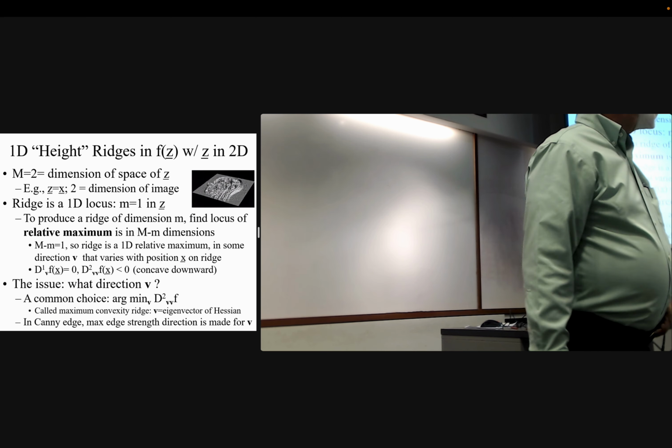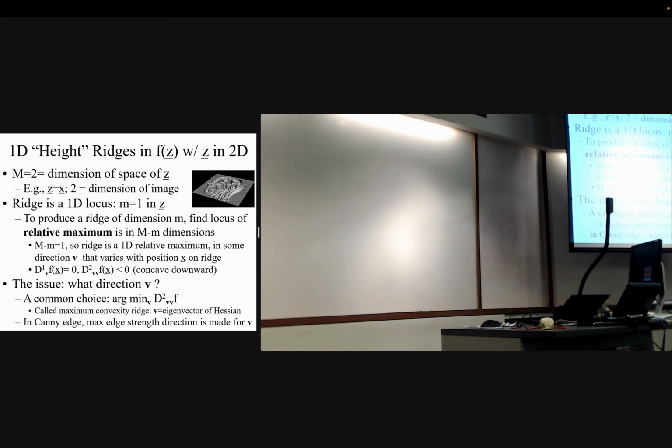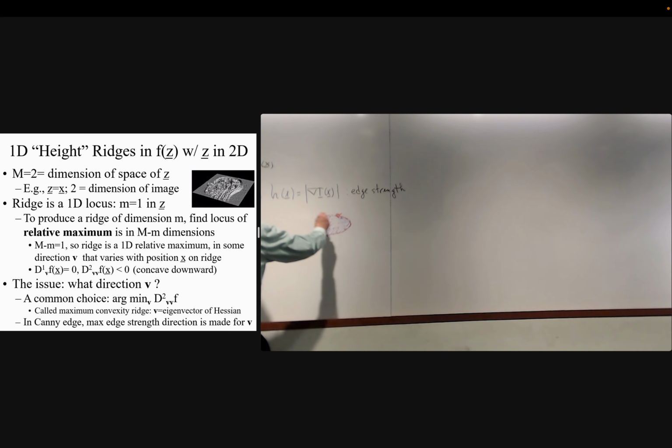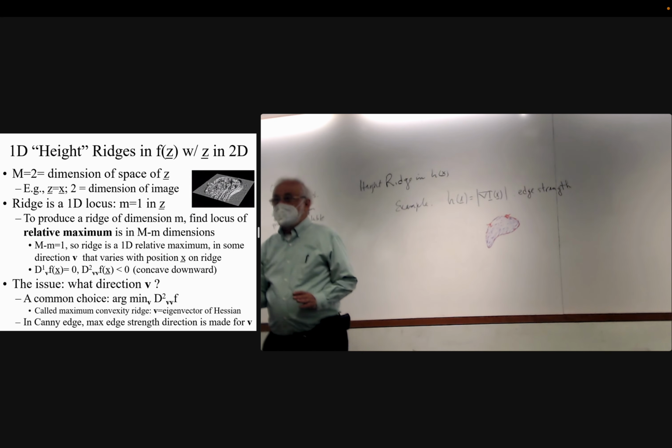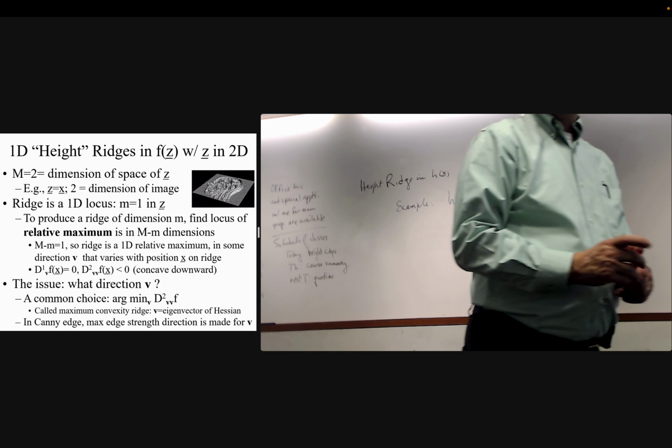And so in our example here, grad I is a function of two variables, x, y. The ridge is going to be a curve, which is one-dimensional. So we're trying to find a one-dimensional ridge in a function of two variables. Okay?